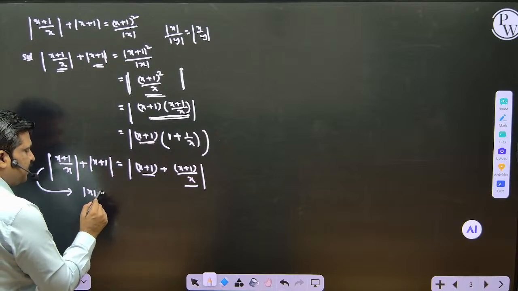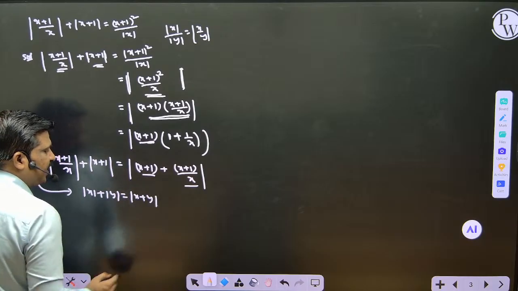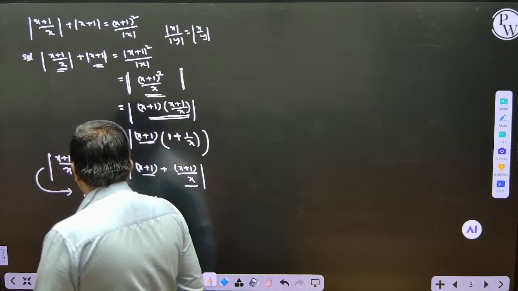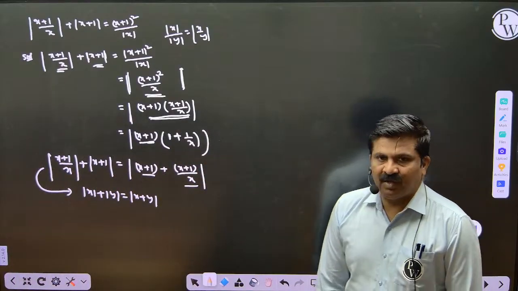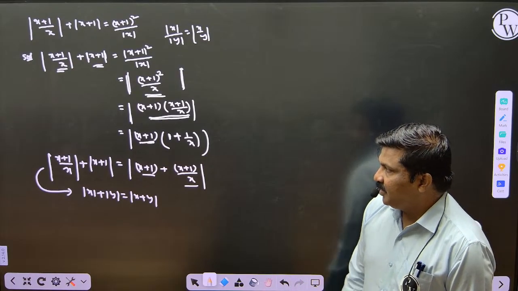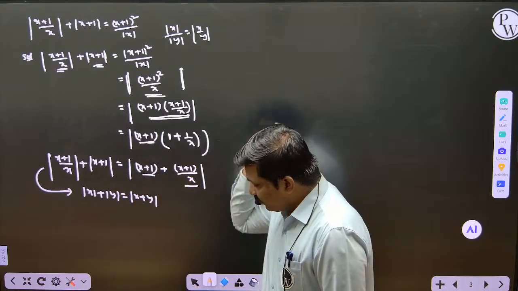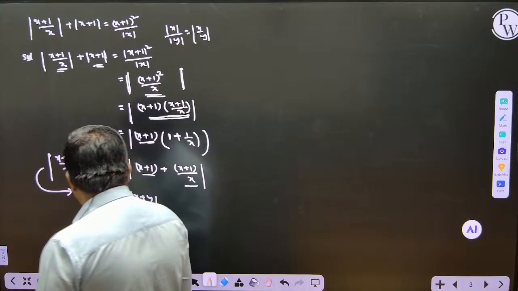Mod x plus mod y is equal to modulus of x plus y form, or not? It looks like which form? Mod x plus mod y is equal to modulus of x plus y form. So that implies what here?